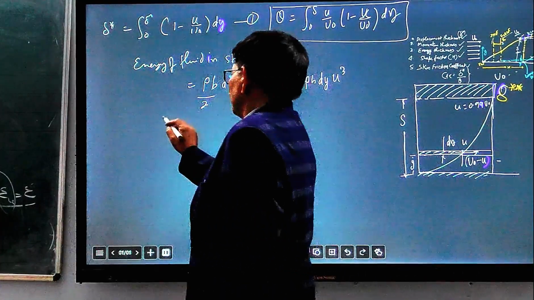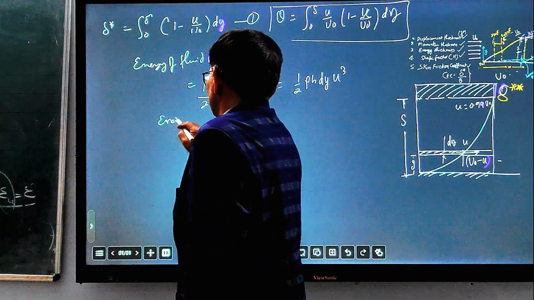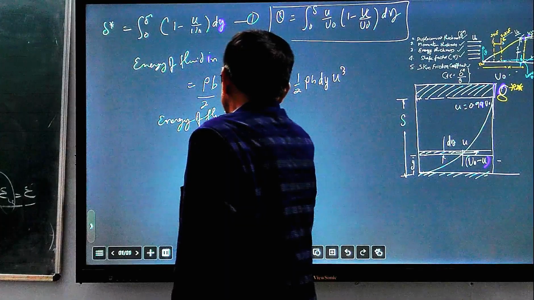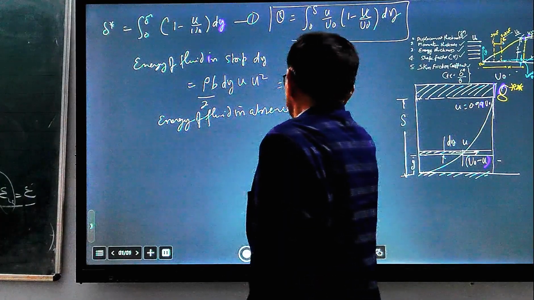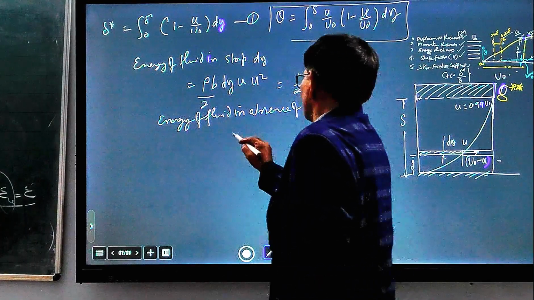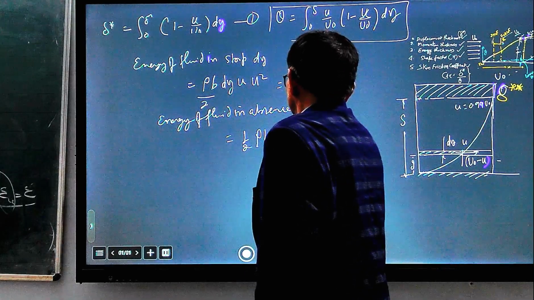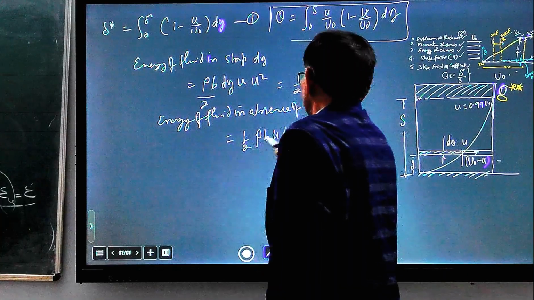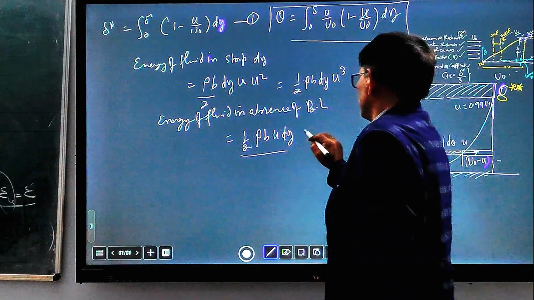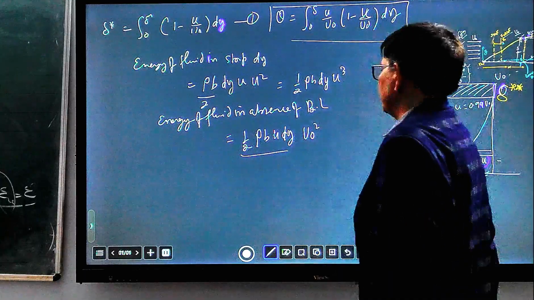Energy of fluid in absence of boundary layer equals 1 by 2 rho B U dy, that is the mass, multiplied by U naught square.